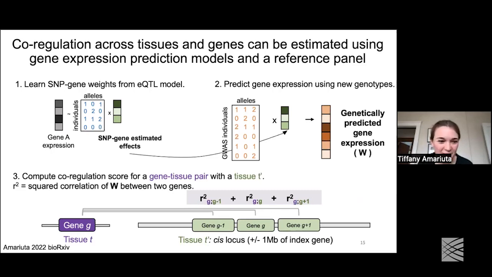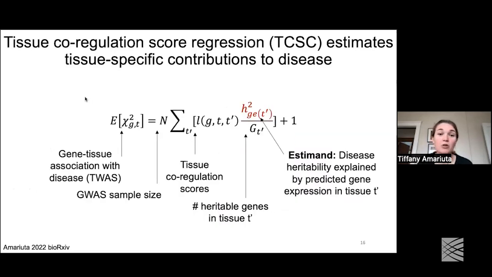All right. So here is effectively the model, or the expectation of the TWAS chi-square statistics, that we have derived from the principles of starting with the linear model of additive genetic effects on phenotype.